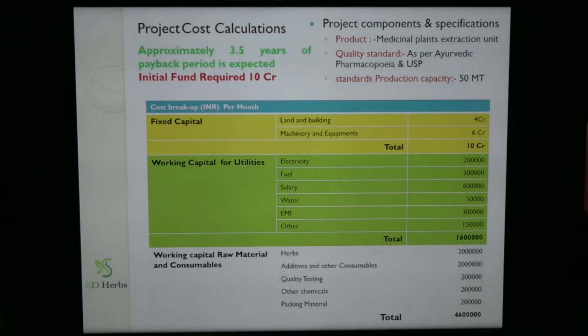And this has the fixed asset expenses which come under the plant and machinery and building, and the running capital, which is required for the working capital, the day-to-day expenses. So every month you need around 50 to 60 lakhs, including raw material and the running expenses, and the overall project cost is 10 CR, which comes for the fixed assets, that is land, building and machinery and equipment.